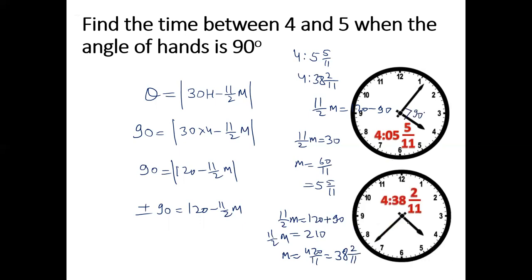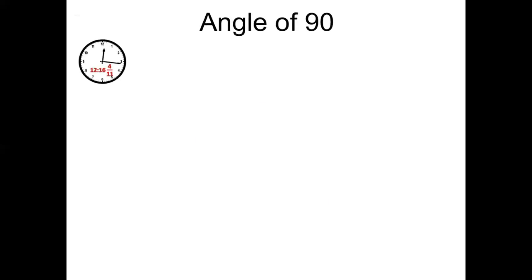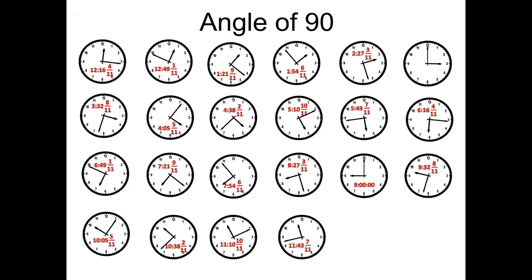And the second is this, 4:38 2 by 11, and the angle is 90. We can convert this into seconds by multiplying by 60. There are a total of 22 instances when the angle is 90 degree. All these times are those when the angle is 90 degree.